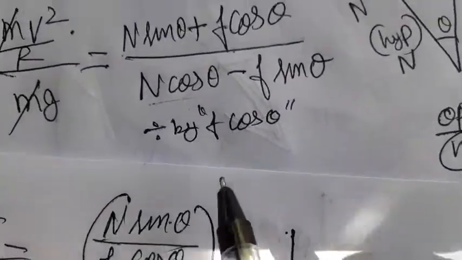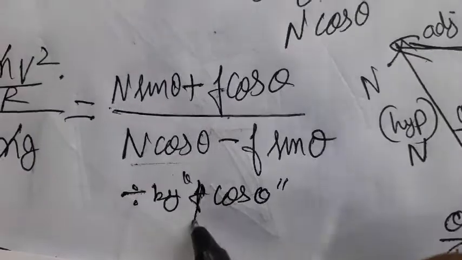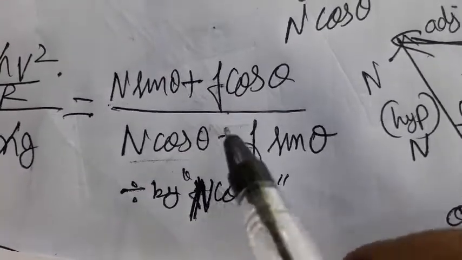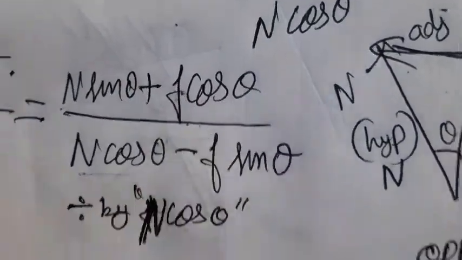So we are doing a division by N cos theta, sorry. Here f by N we will get, so cos theta gets cancelled, and f by N because N will get cancelled.